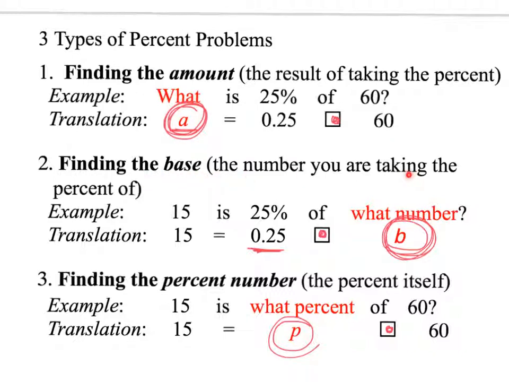Finding the base, the number we're taking the percent of: we're going to get $15 off something, is 0.25 or 25% of some unknown number. And then the last one is we're trying to find the percent. So 15 is what percent of 60?